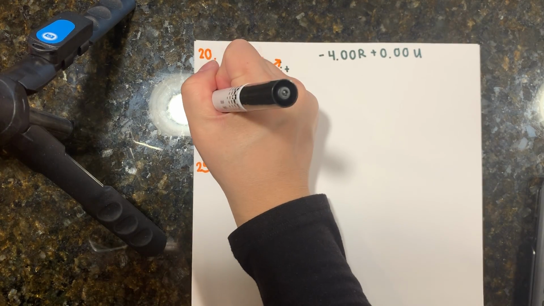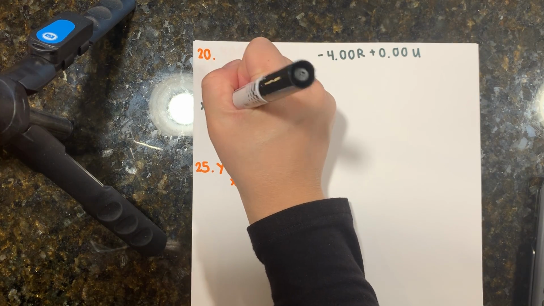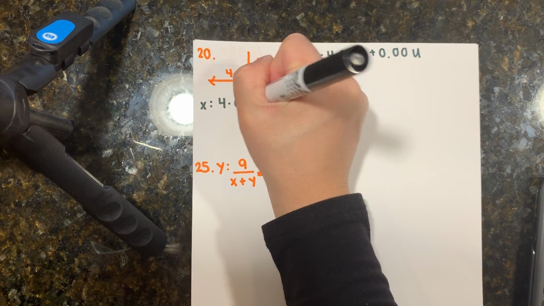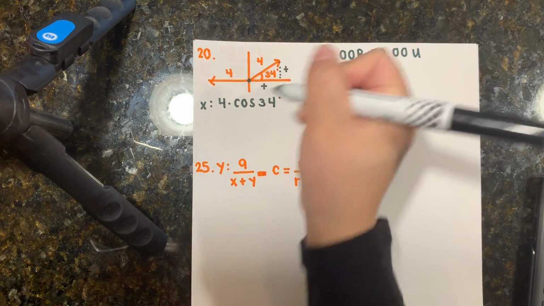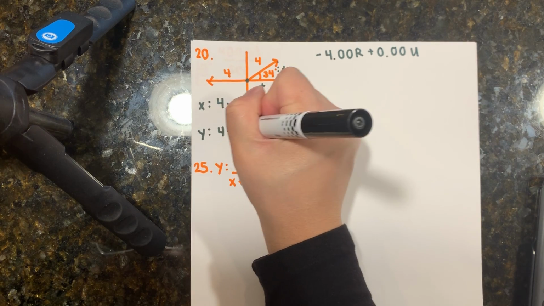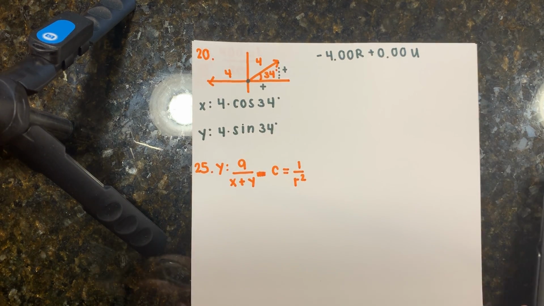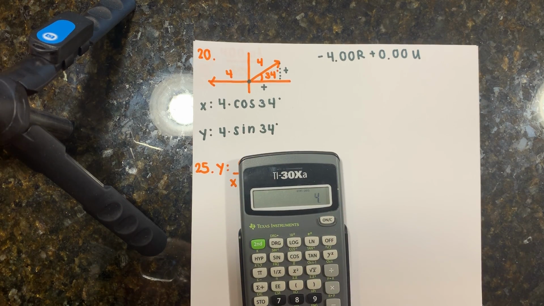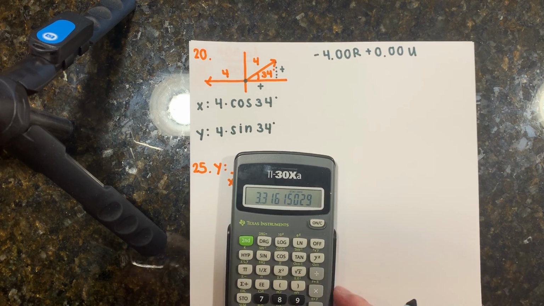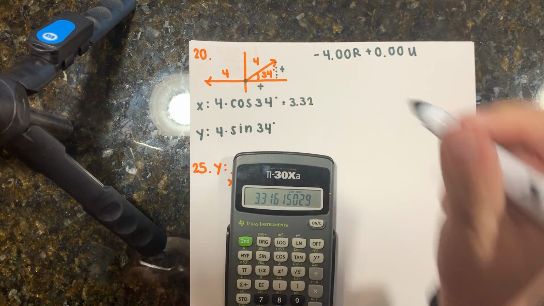Now to solve for r and u, I'm going to use cosine for r, which would be 4 times cosine of 34. And then for u, I'm going to use sine, so 4 times sine of 34. You're going to use your calculator, so 4 times cosine of 34 equals, and you should get 3.32.